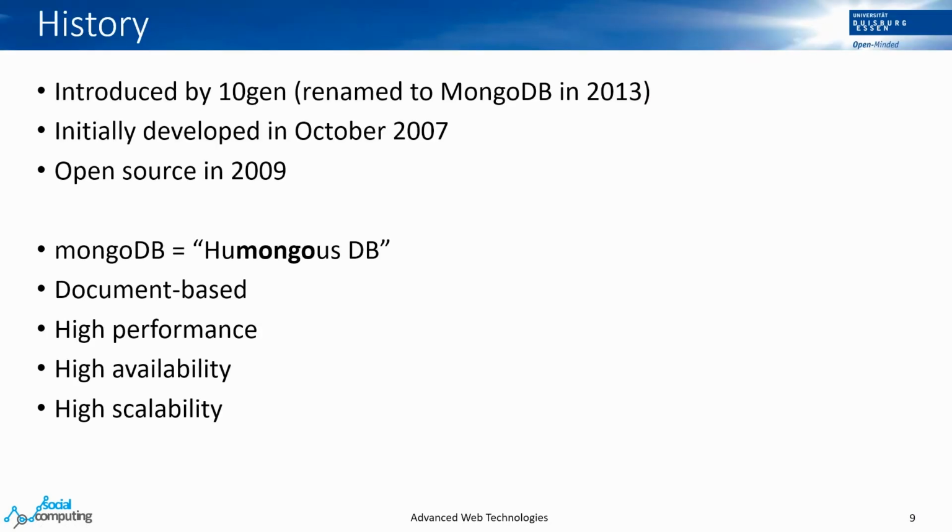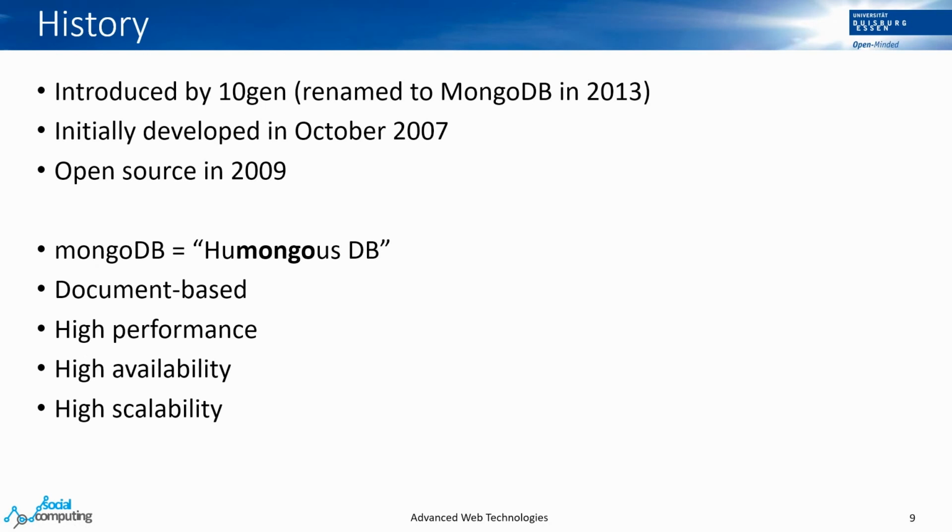So in terms of history, MongoDB was introduced by a company called 10gen, which was renamed to MongoDB in around 2013. MongoDB was developed in around 2007 when the company started finding problems in storing a large amount of data. So they developed a solution for themselves, and then they decided to go open source in around 2009.